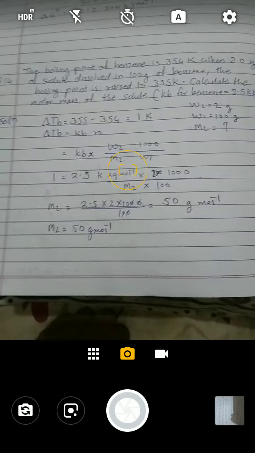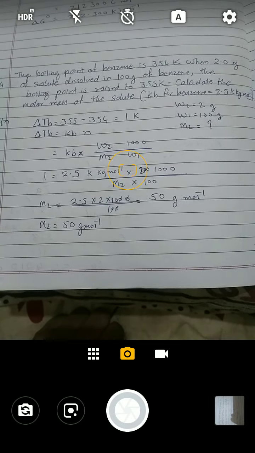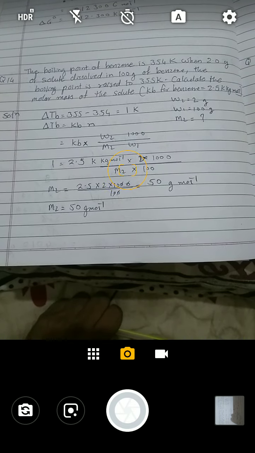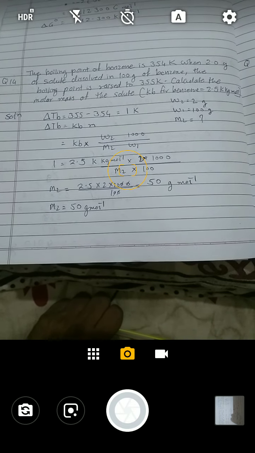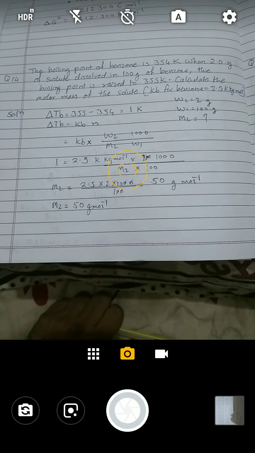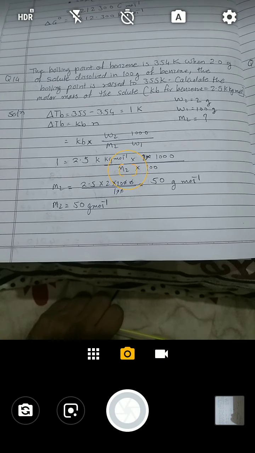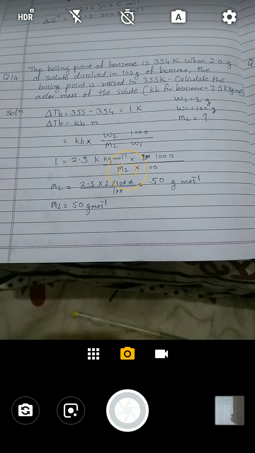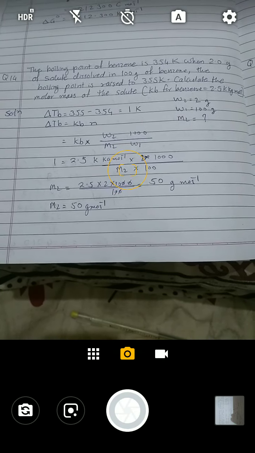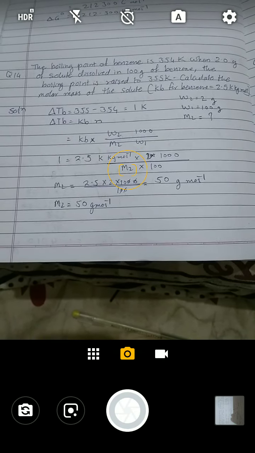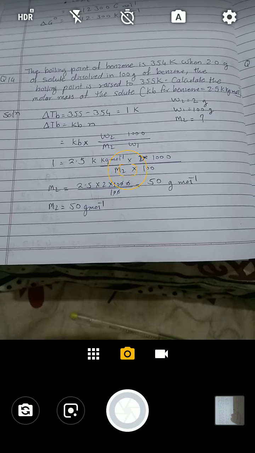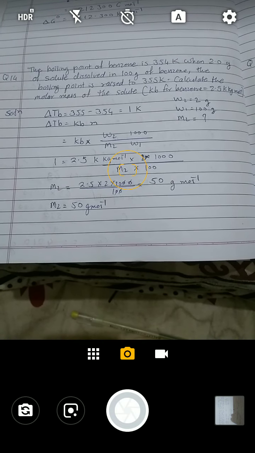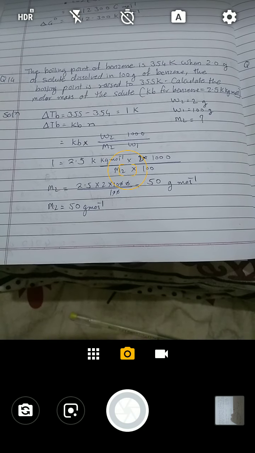Now the next numerical, that is on the boiling point of benzene. Here the boiling point of benzene is 354 Kelvin. When 2 grams of solute is added to 100 grams of benzene, the boiling point is raised to 355 Kelvin, that is 1 Kelvin raised. Calculate the molar mass of the solute.